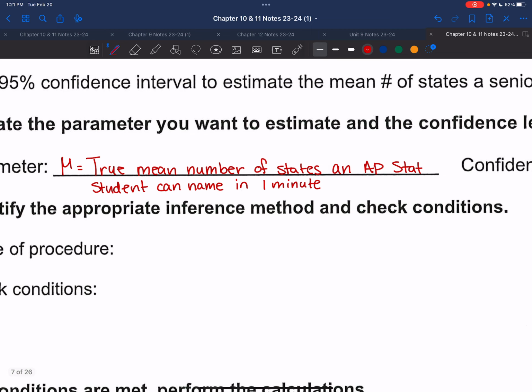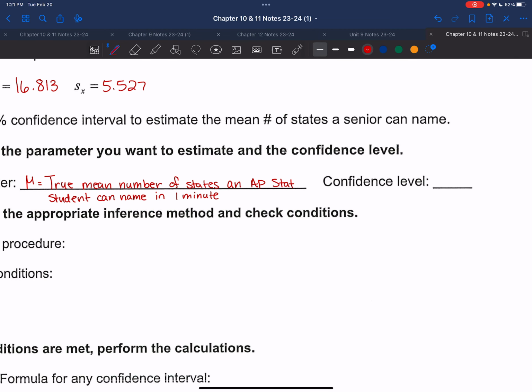Okay, and then our confidence level, we're just going to stick with 95%.